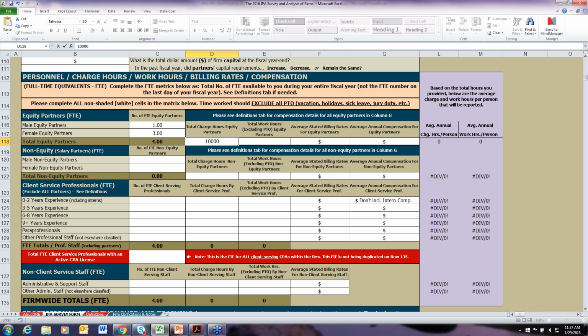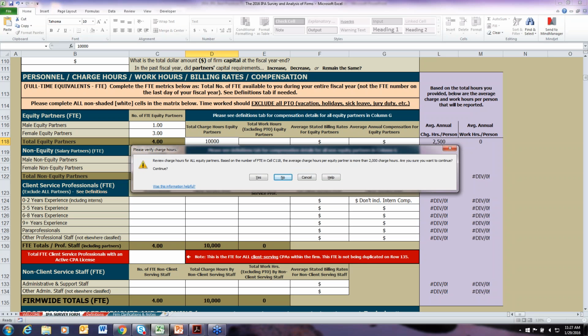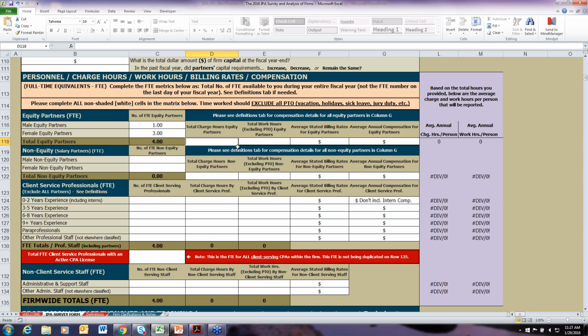When you put that number in like that, you'll notice warnings that will pop up. You will have the opportunity to overwrite the warning, or if you put in a number that just didn't make sense, go ahead and just cancel that and put in the correct number.